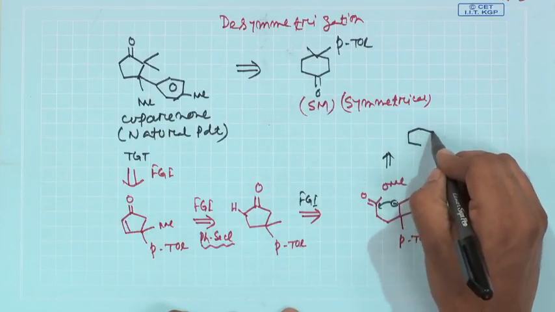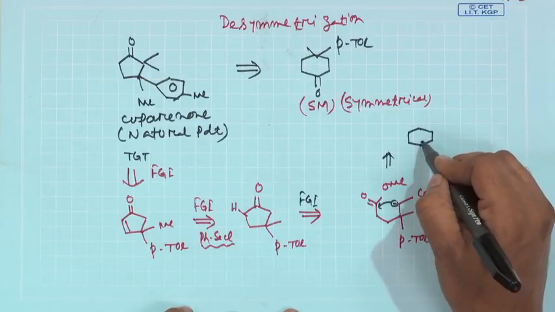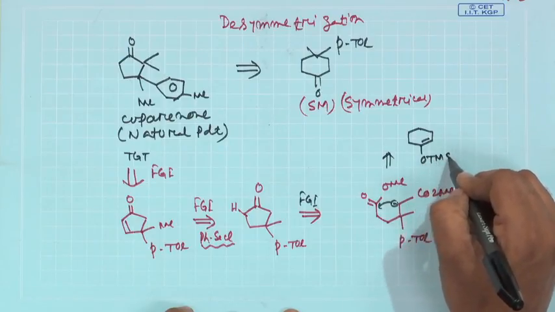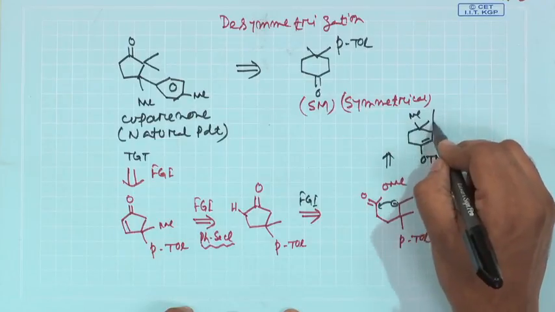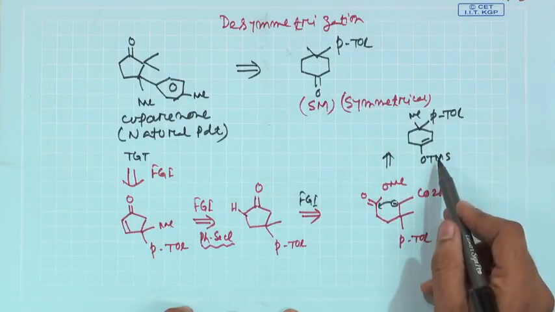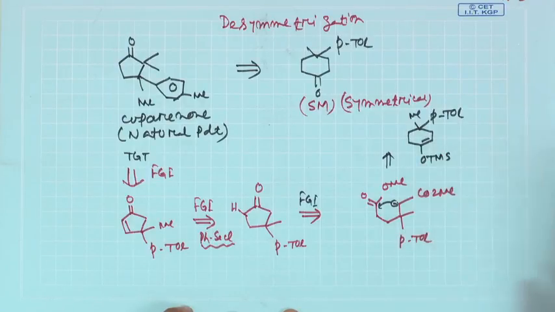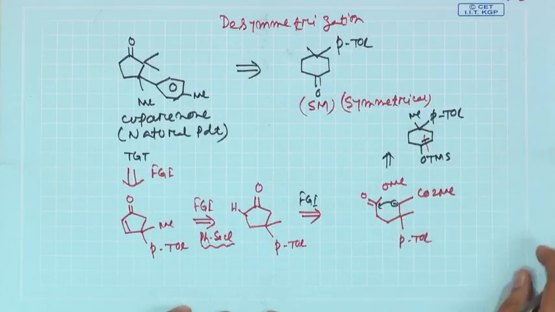So, now I am trying to find an intermediate, such that if you have this intermediate, it can be easily converted to this diester by a simple oxidative cleavage of this double bond here.